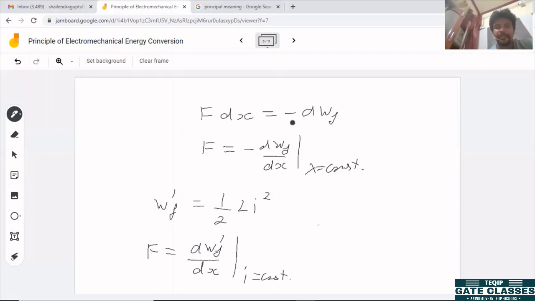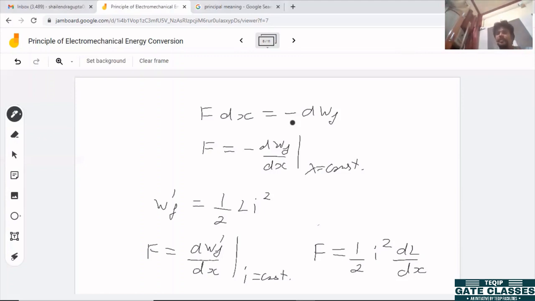So using the expression here, what will be f? F will be half i square dL by dx. The force will be applied on the plunger so as to increase the inductance.